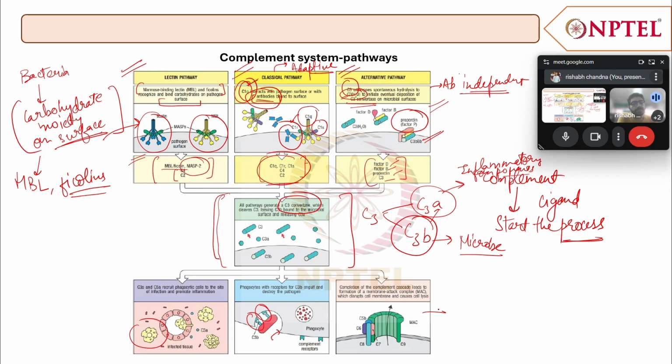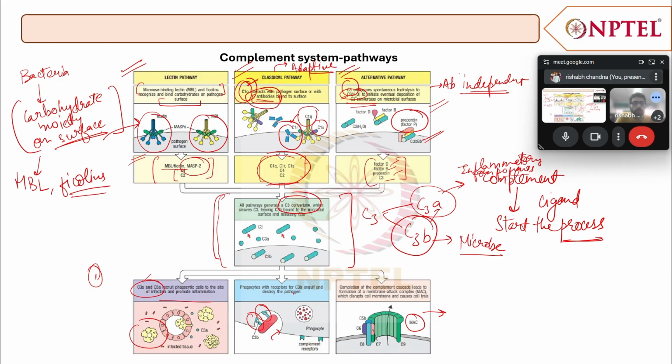And the third one is the formation of the membrane attack complex. For example, C3a and C5a, the smaller components of C3 and C5, recruit phagocytic cells to the site of infection and promote inflammation. So one function is the recruitment of the phagocytic cells by C3a and C5a.